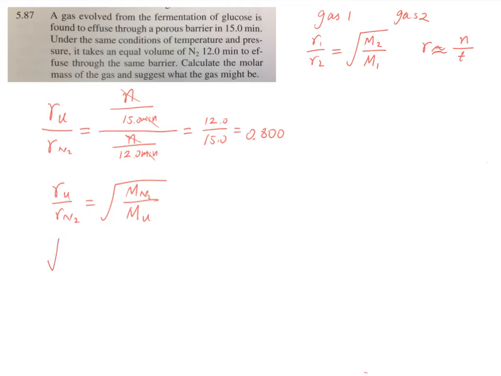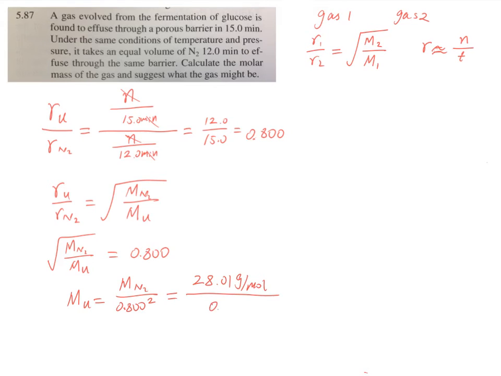We got that the square root of the molecular weight of nitrogen over the molecular weight of the unknown equals 0.800. So the molecular weight of the unknown equals the molecular weight of nitrogen over 0.800 squared, which gives us 28.01 grams per mole over 0.640.